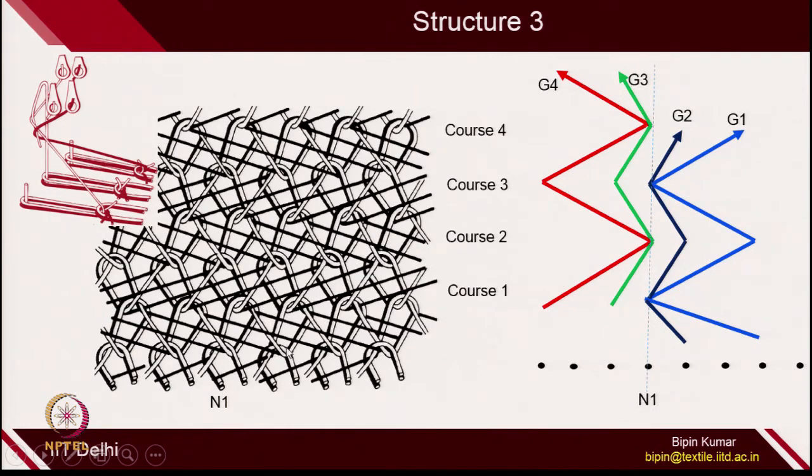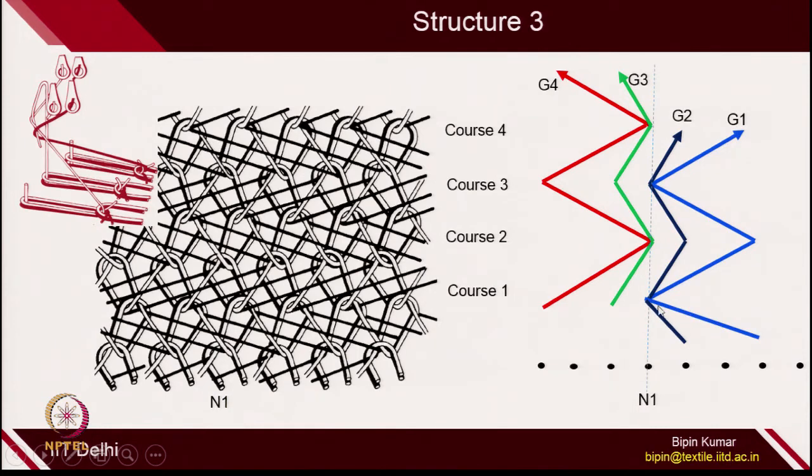If you see the white yarn, it is coming from the next column. This is the loop, and the white yarn is actually attached with the next column, so it is coming from the next needle from N1. From this you can carefully see the underlap movement for G1 and G2.